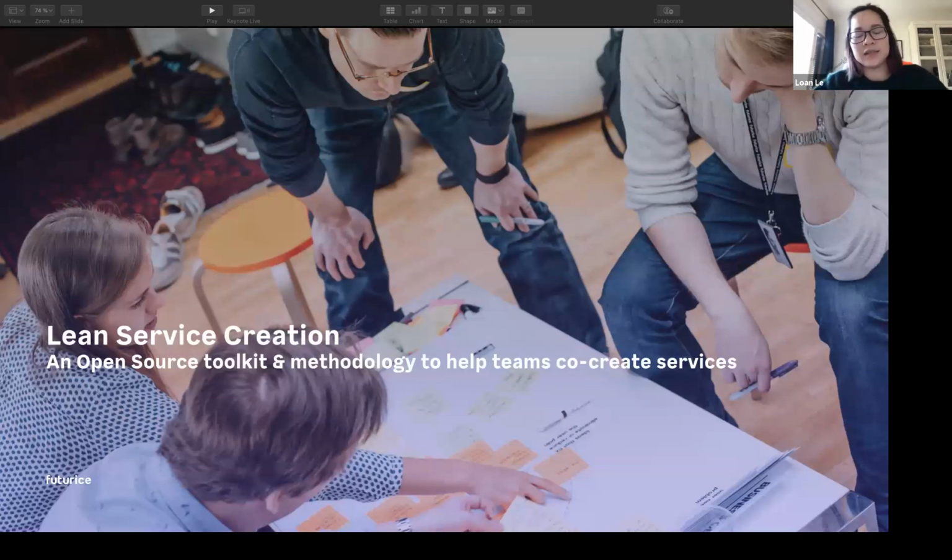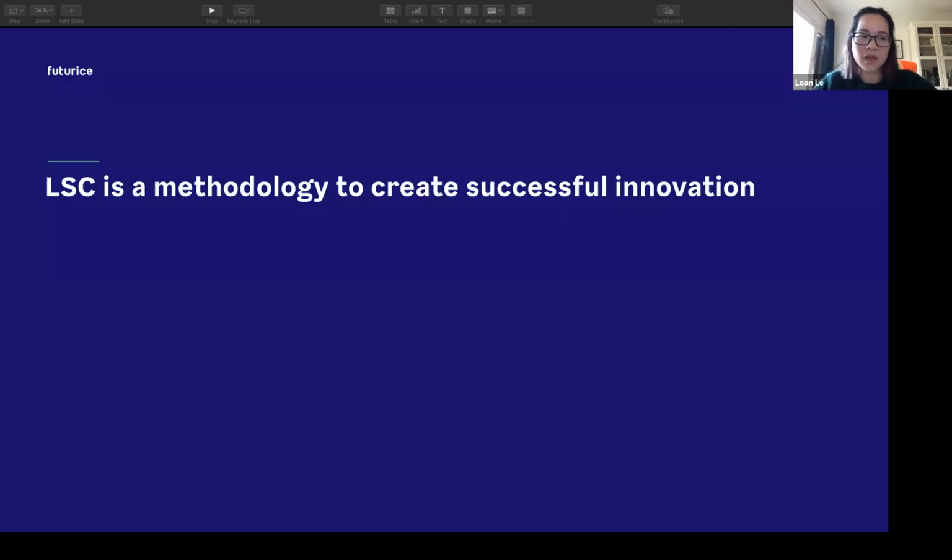To help our clients achieve all that, we have put together a set of tools and methods that support co-creation. This toolkit is open source, and our dedicated team within Futurist is constantly working on updating and making it better. So what exactly is lean service creation and how can it help you succeed as well?